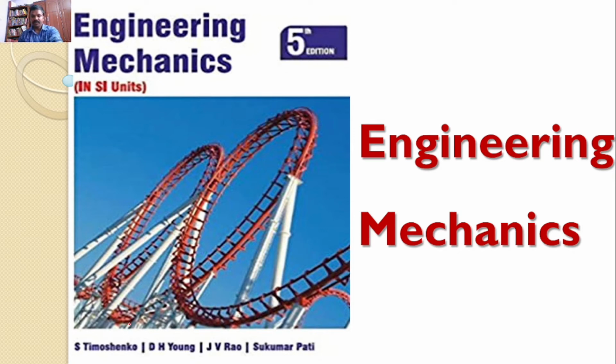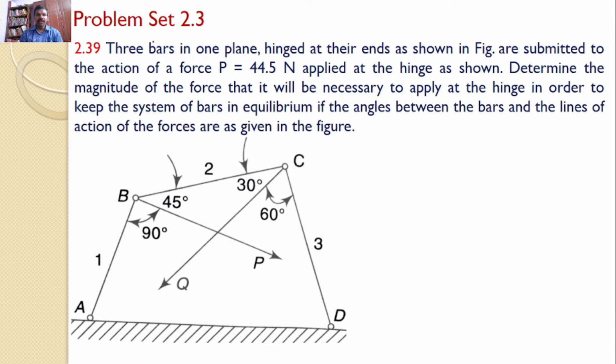Timoshenko. In this tutorial, we will discuss the solution for problem set 2.3 and problem number 2.39. Three bars in one plane, hinged at their ends as shown in the figure, are subjected to the action of force P equal to 44.5 newtons applied at the hinge as shown.